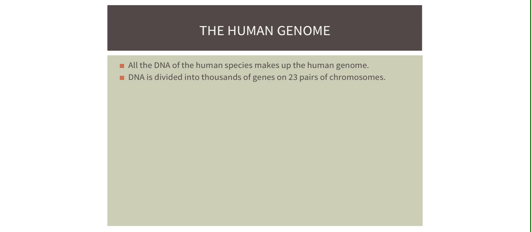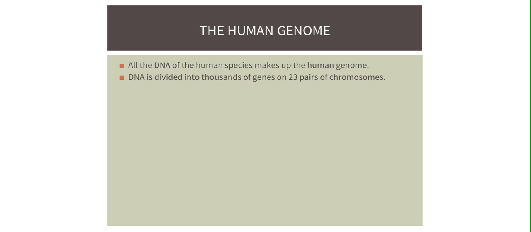So in the next few chapters, we're going to start talking about DNA. But right now, all I want you to know is that DNA is the stuff that makes us up. So all the DNA of the human species makes up what's known as the human genome. This DNA consists of billions and billions of what's known as base pairs. And these base pairs come together and create that huge DNA double helical structure.